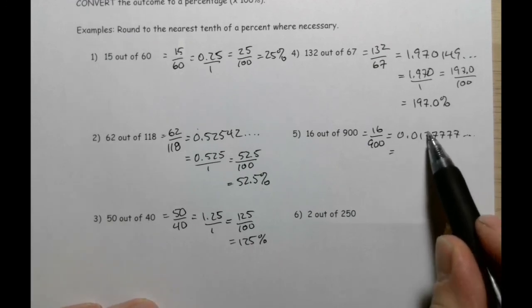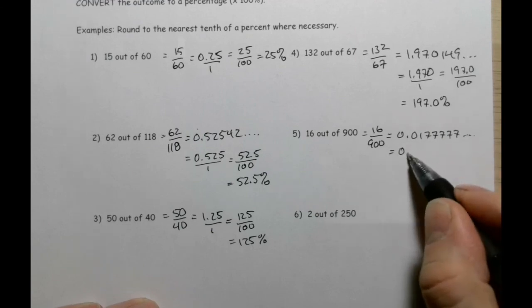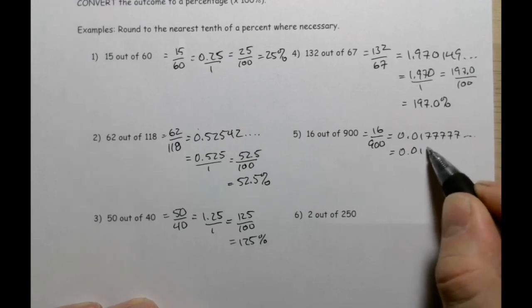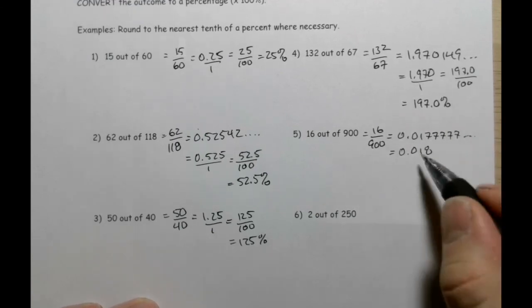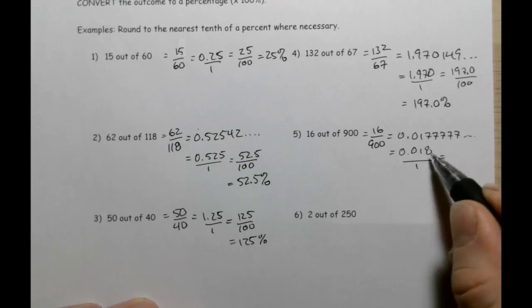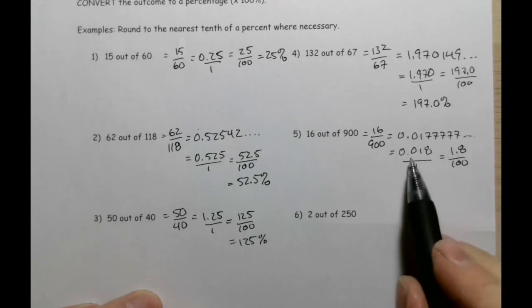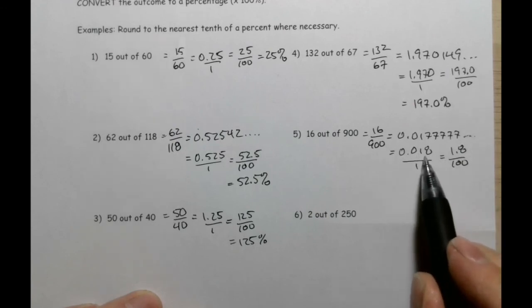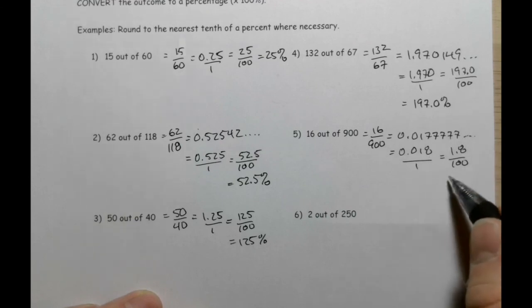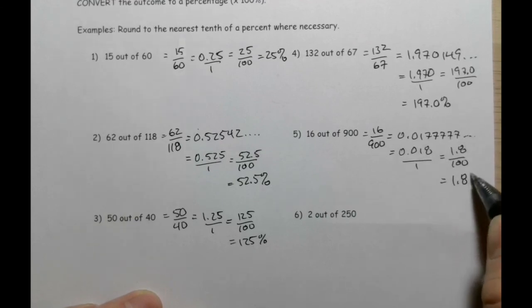So I kind of want that 7 to pop up. So it's going to be 0.01, and you know what? I'm going to round that to 0.018 over 1. Multiply by 100, and I'm going to get 1.8 out of 100. Okay, because I got to move the decimal 2 places. So the 0 kind of disappears, and I move it between the 1 and the 8. And then that is going to be the same as 1.8%.